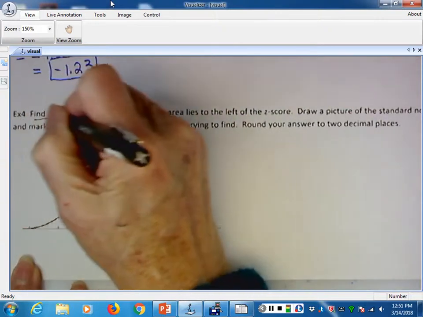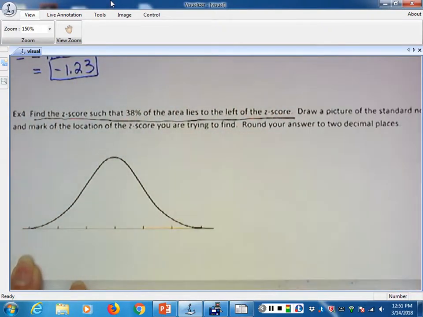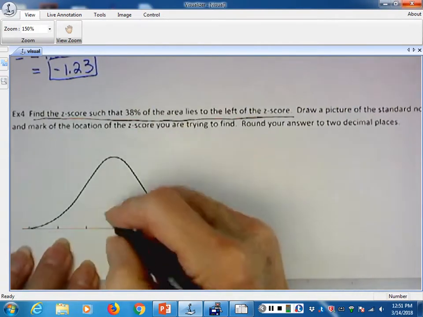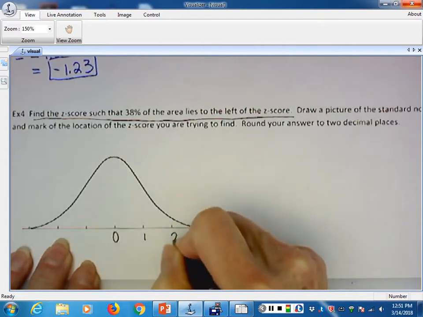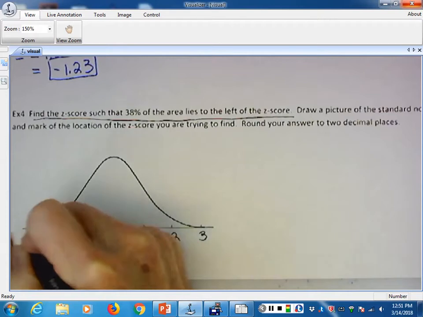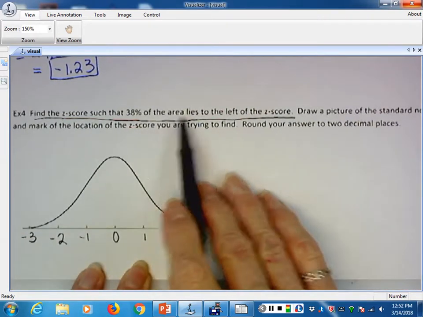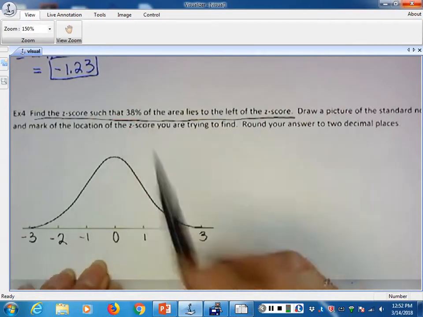It's probably easier to draw a picture first. Since this says it's a z-score, the center of this curve is at 0, and here's 1, 2, 3, -1, -2, -3, and it says 38% of the area lies to the left of the z-score.